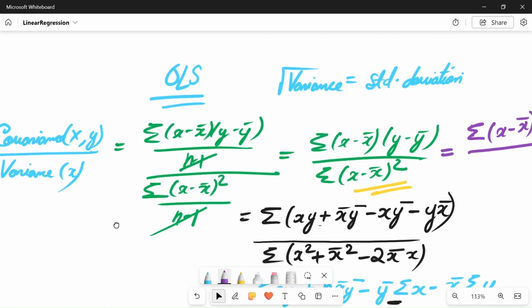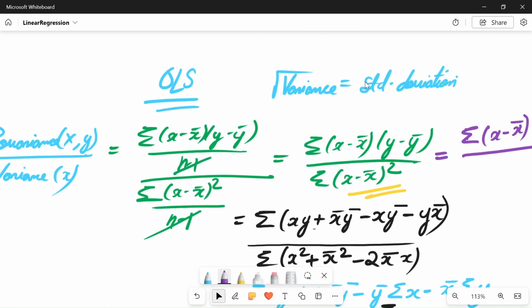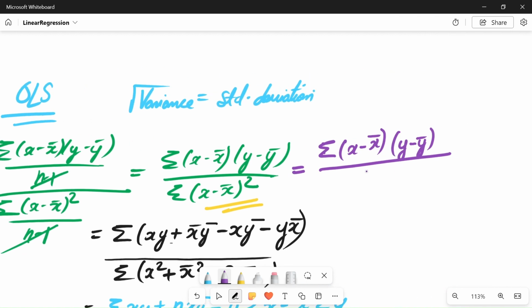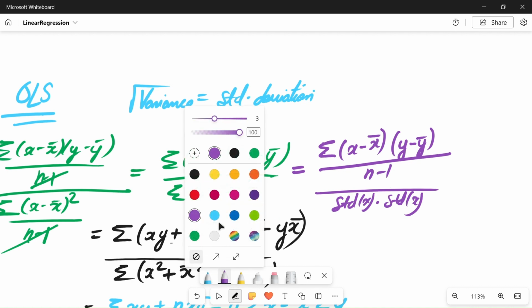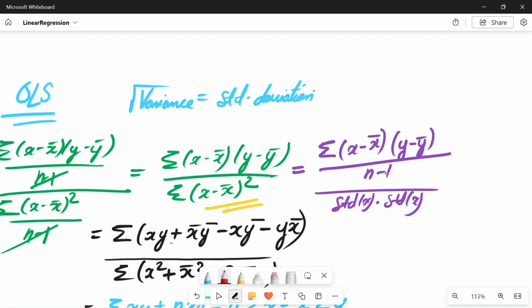As I have said, variance is standard deviation squared, or root over variance is standard deviation, whatever it is. Therefore, we'll write the denominator part of this equation as standard deviation of x times standard deviation of x. This is a form that will help us better analyze what's going on, according to at least my analysis. This is the form that I'm most comfortable with.